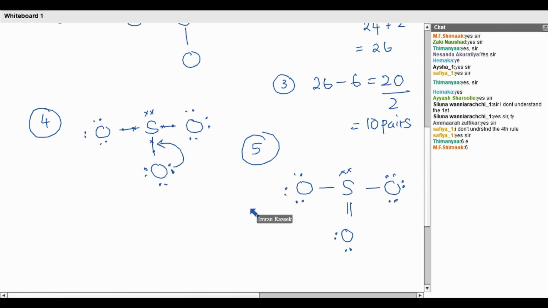But overall, if you add, the molecule will have more than 8 electrons around sulfur. You can see 1, 2, 3, 4, 5, 6, 7, 8, 9, 10 electrons. Sulfur can hold 10 electrons because it's a period 3 element. It has 3 shells, and the outermost shell can hold up to 18 electrons: 3s2, 3p6, 3d10.